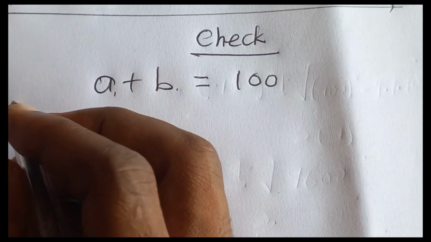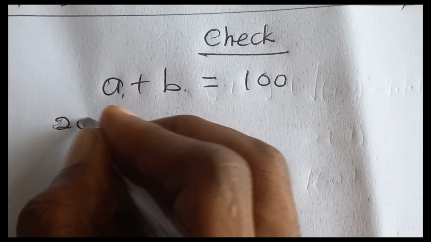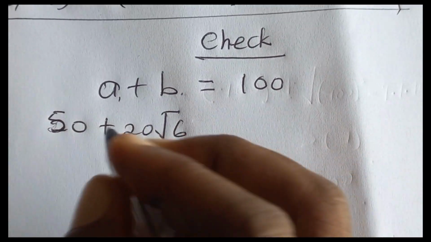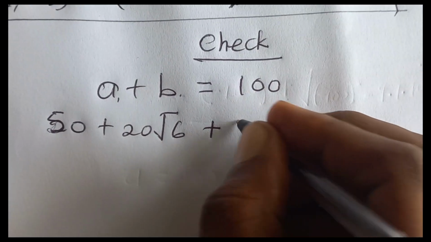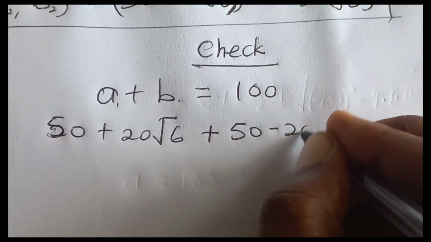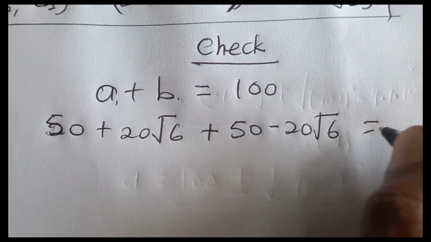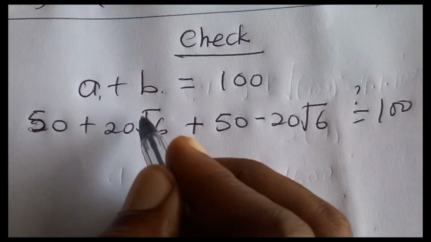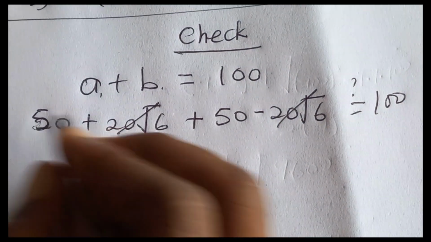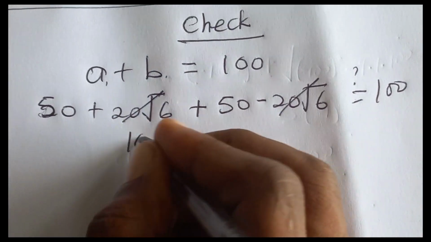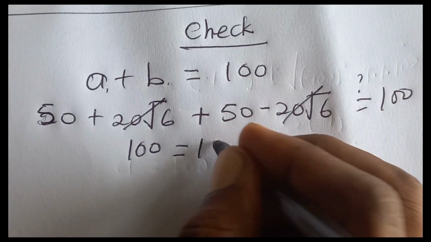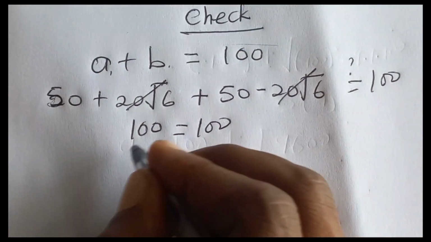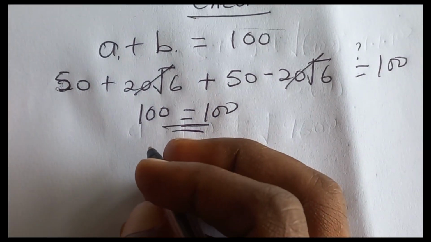So we say that 50 plus 20 root 6 plus 50 minus 20 root 6 is equal to 100. Now, this one can cancel this, leaving 50 plus 50 is 100, which is equal to 100. So it means that the first part works. Okay. Let's look for the second equation too.